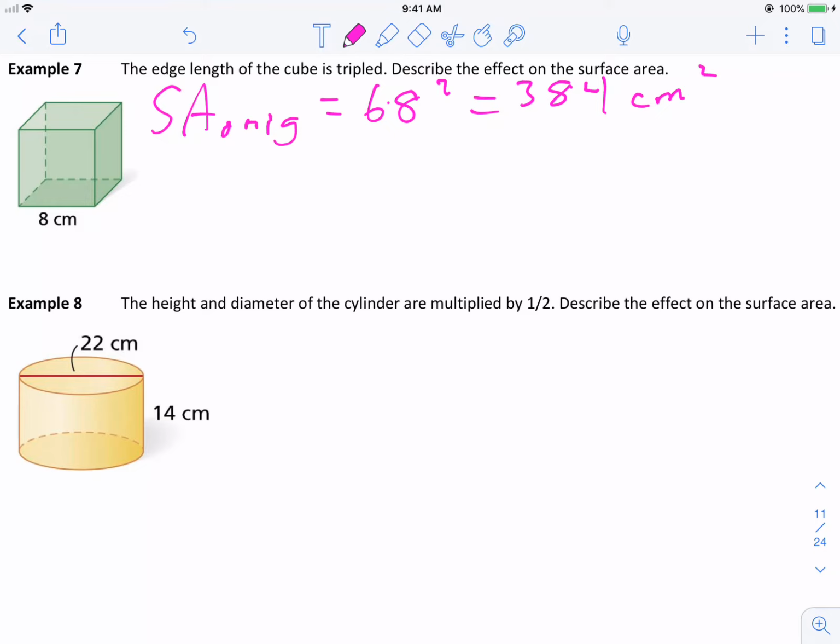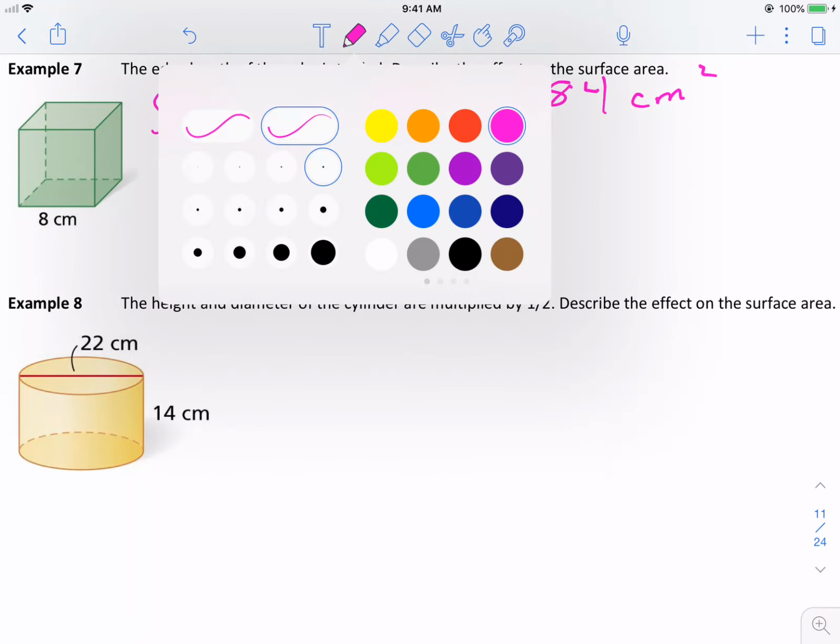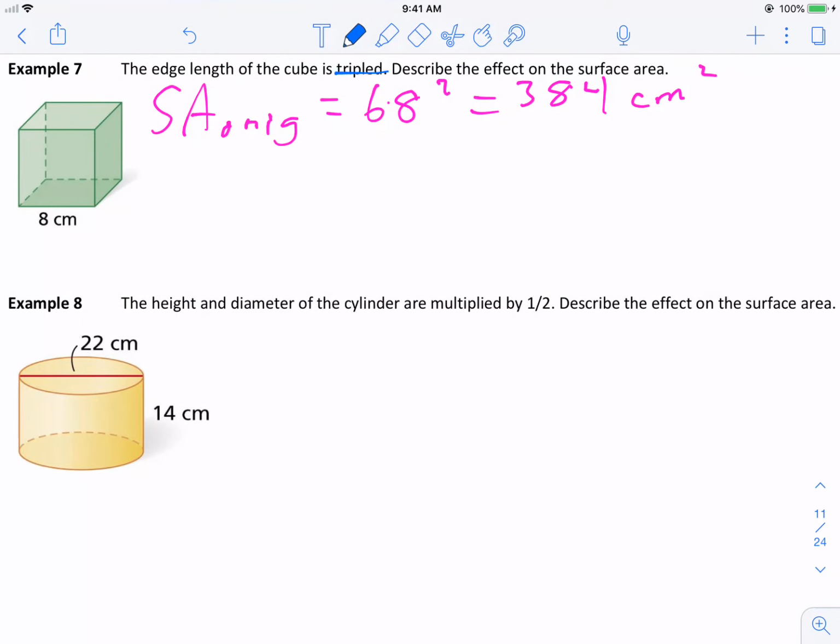Now, the edge length is tripled. So we're multiplying by 3. So now the new edge length would be 8 times 3, or 24. So the full surface area of the new cube follows the same process, except now it's 24 that's being squared.